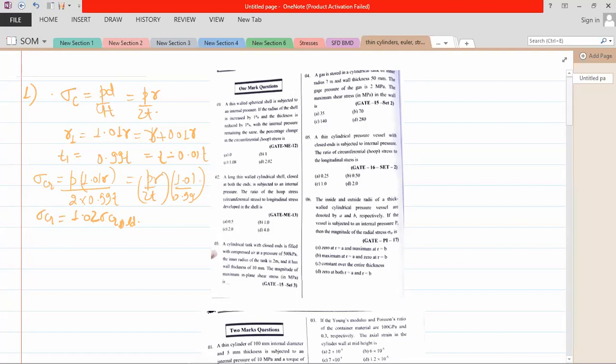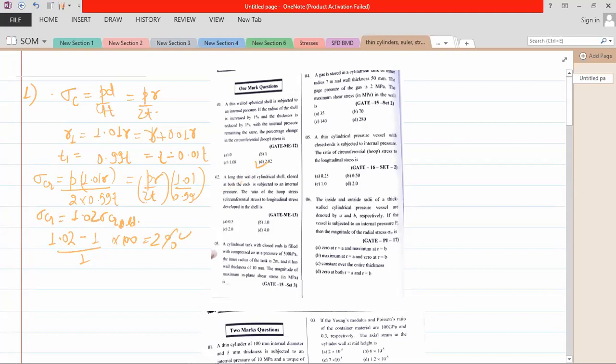So the percentage change they asked, you can put it like this: 1.02 minus 1, divided by 1, into 100, that is around a 2% change. So this is your value, 2%.